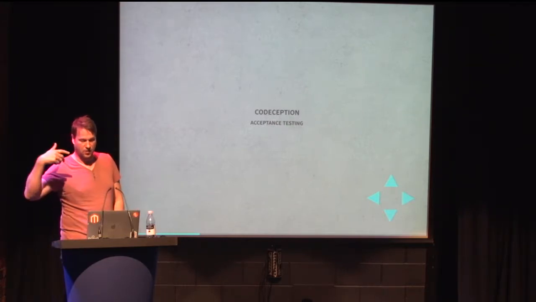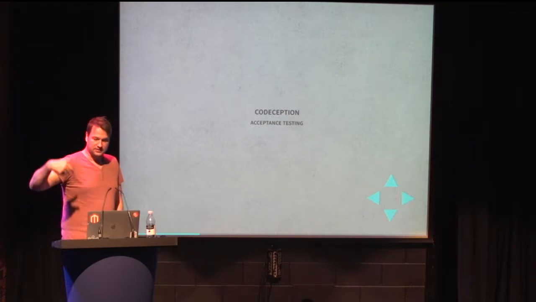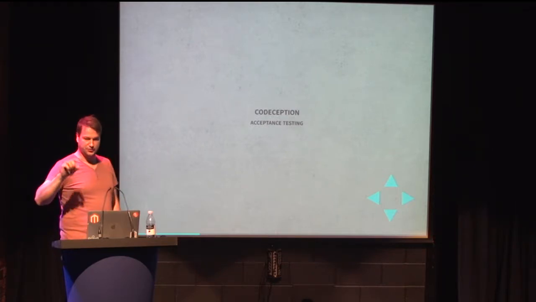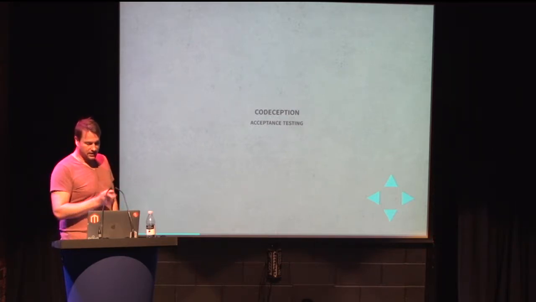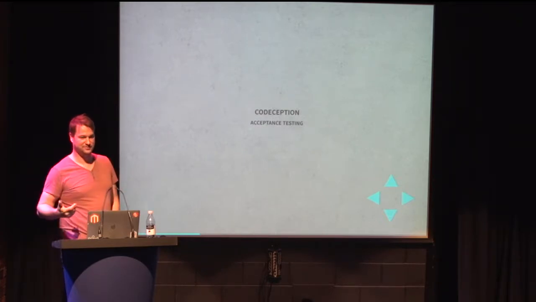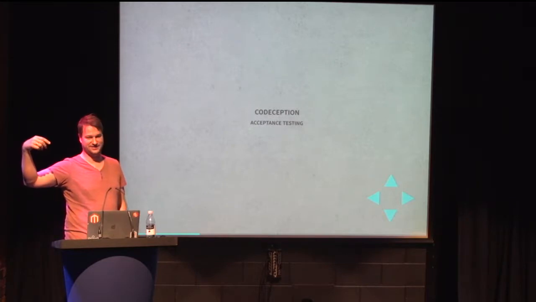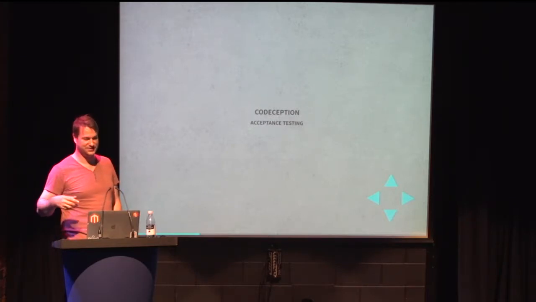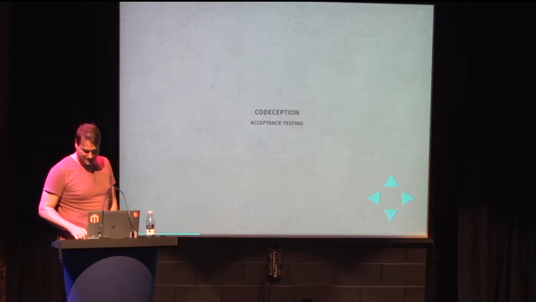It calls the URL, gets the rendered page, and does some stuff. With Codeception, it's possible to inject JavaScript into the rendered page and get it to run. So you can do some nasty stuff with it.